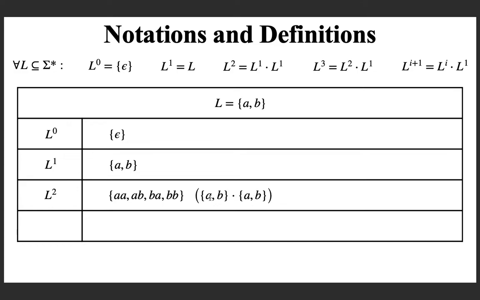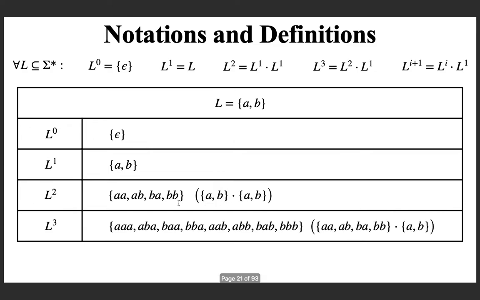So concatenation gives you aa, ab, ba, bb. So what will be L to the power 3? This is the language obtained by concatenating L to the power 2 with L. If you apply concatenation, you will get this language. Please verify it offline.